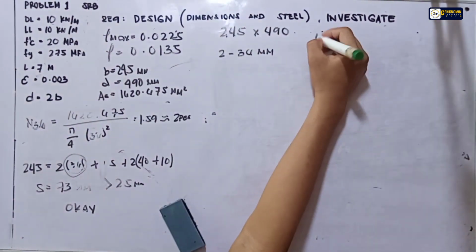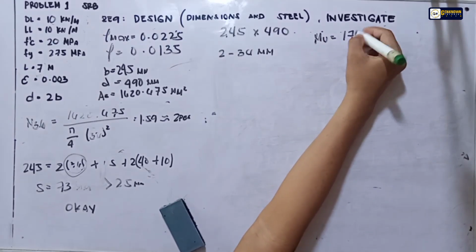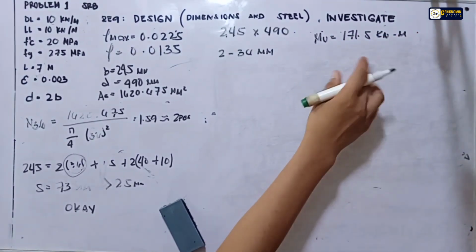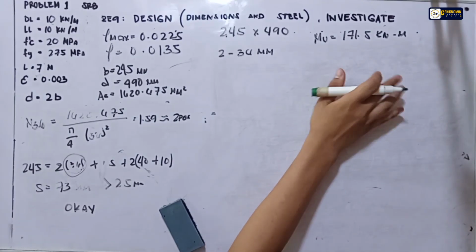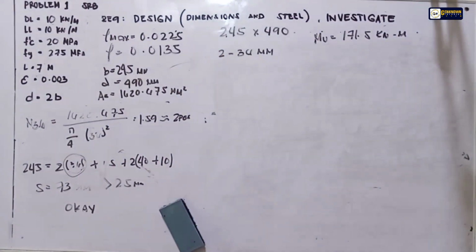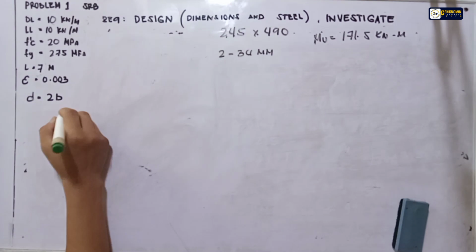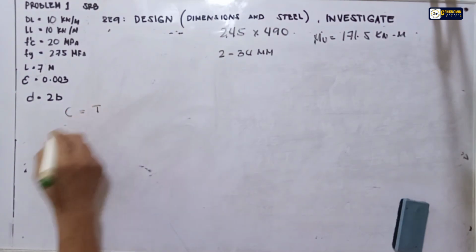So, remember also the moment kanina, we have 171.5 kN-m. Kailangan natin yan to determine if safe ba na gamitin itong mga ito para sa ating beam. So, we have the compression is equal to tension.